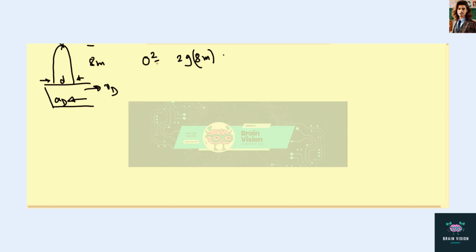So v final squared equals v initial squared minus 2gh. From here we can find that vy naught, the initial velocity in the vertical direction, will come out to be 12.53 meter per second.